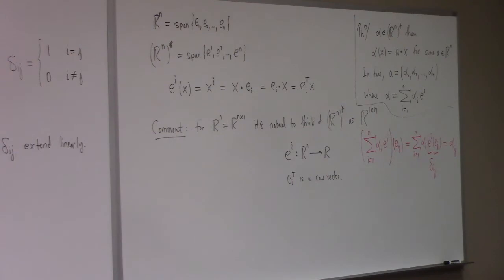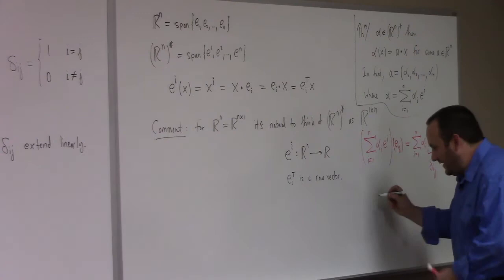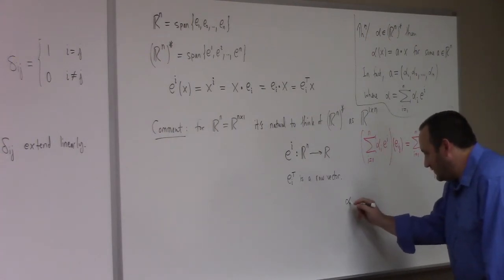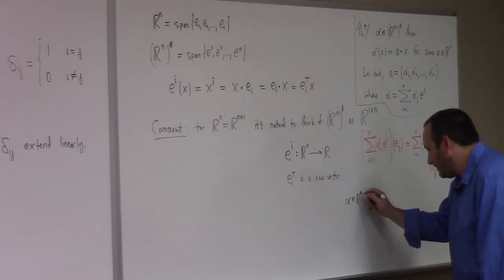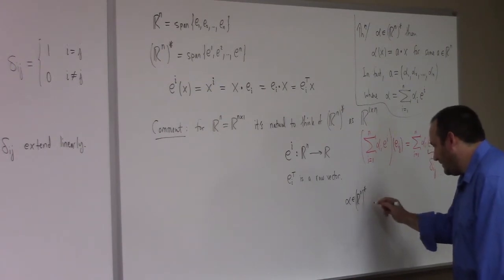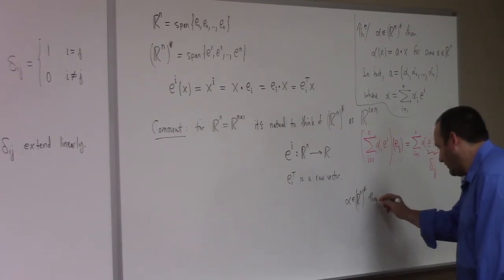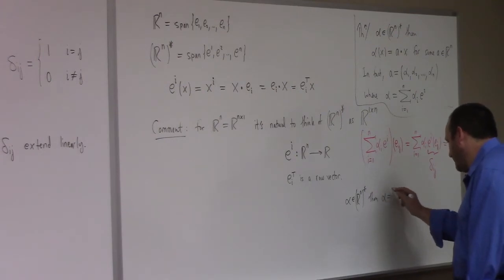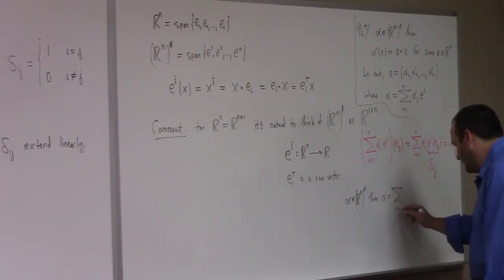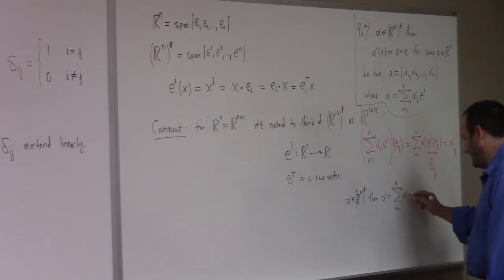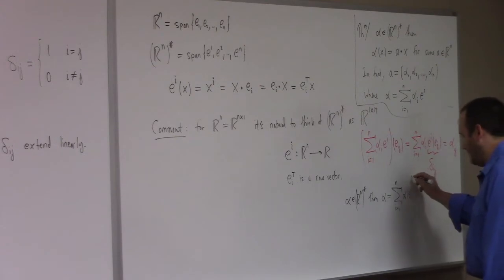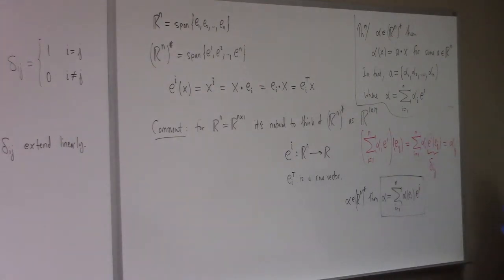So if you tilt your head and squint, what this calculation shows is that for any alpha in the dual space, alpha is equal to the sum i equals 1 to n of alpha acting on e lower i, times e upper i. This is how we can build an arbitrary dual vector from its values on the basis.